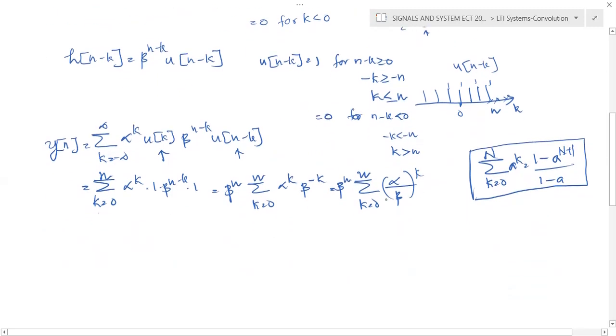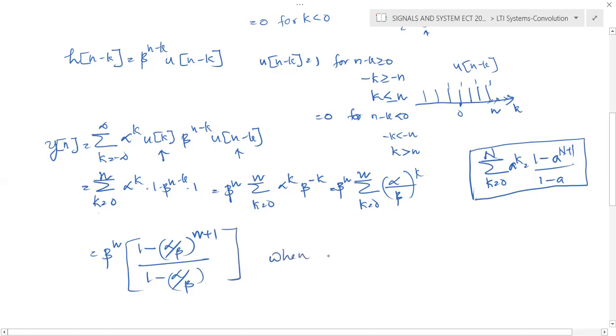In place of a, it is alpha by beta, so you get beta raised to n into 1 minus alpha by beta, the whole raised to n plus 1, divided by 1 minus alpha by beta. So this is the final equation when alpha is not equal to beta and n is greater than 0, because we considered that n is positive.